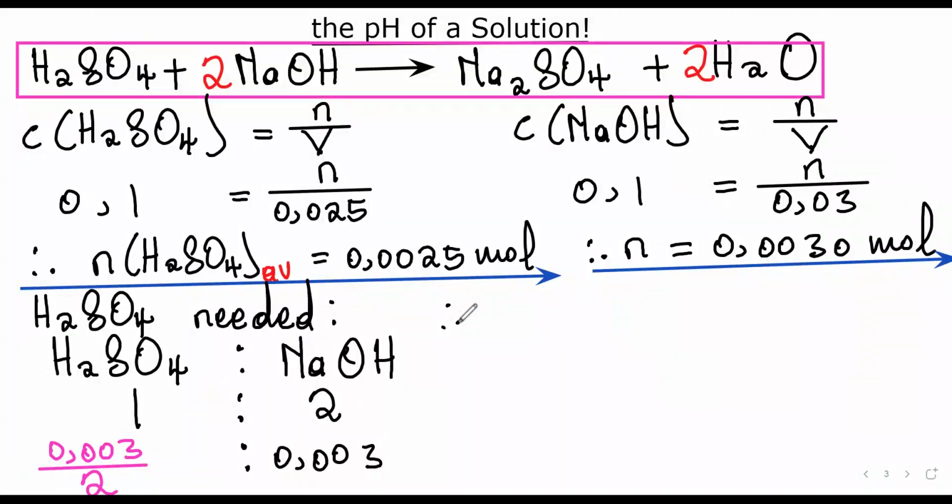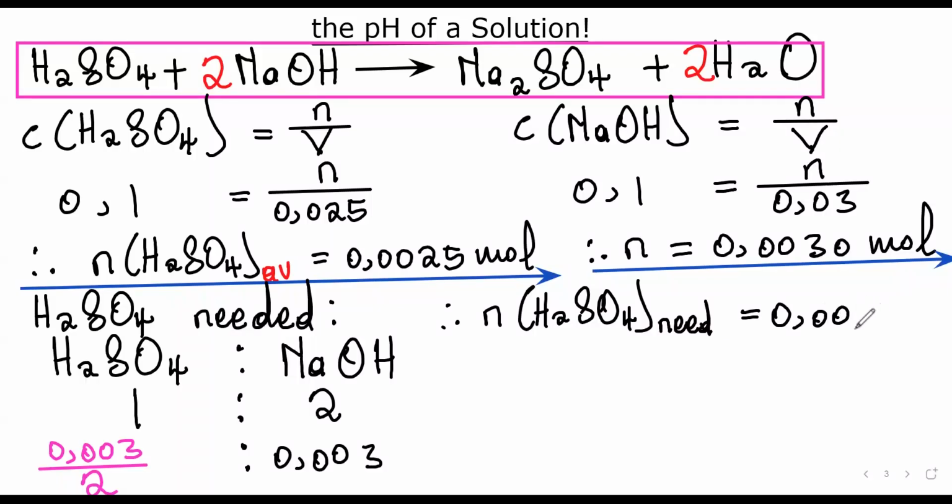So then the number of moles of sulfuric acid that are needed in order to react with sodium hydroxide are simply 0.0015 moles.